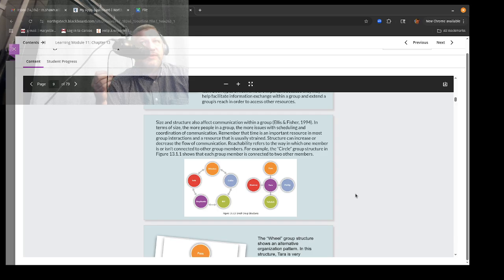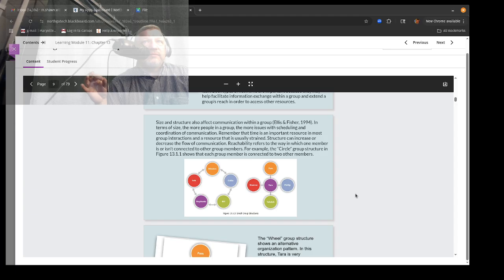We're all busy, so when we think about volunteering for something or being a part of a group, our time is affected, and we have to work with other people's time as well. The structure of a group can increase or decrease the flow of information. I'll dive deeper into that as we go through the lecture.